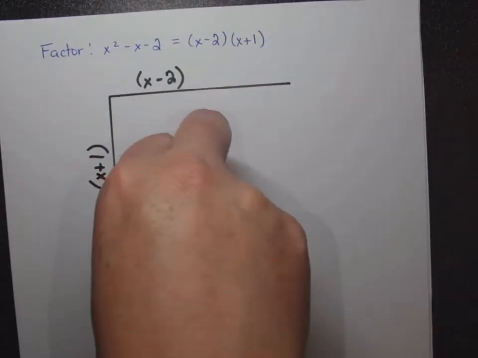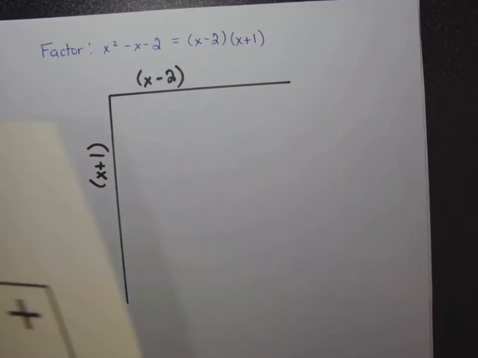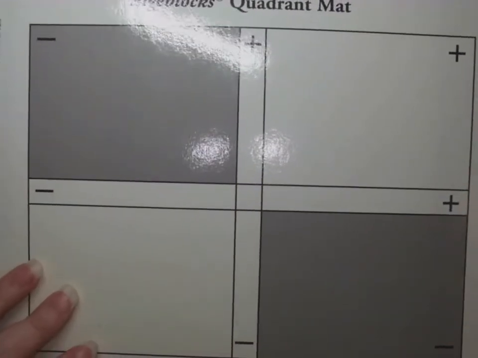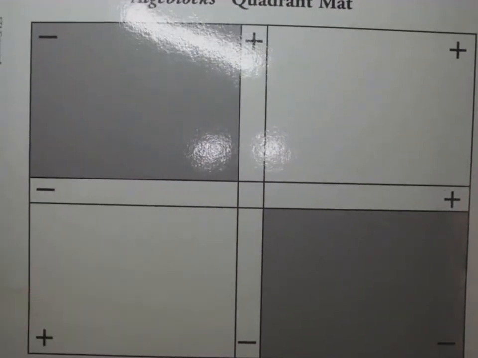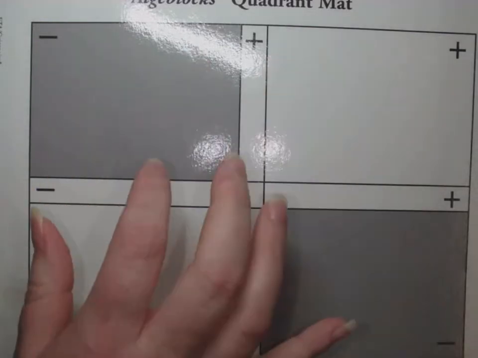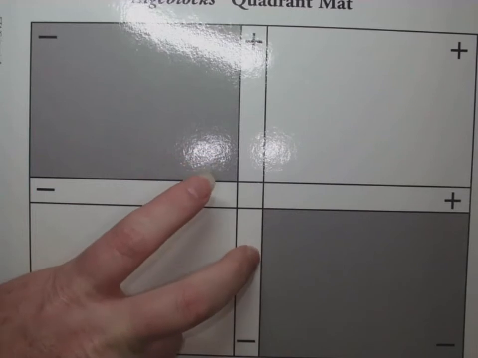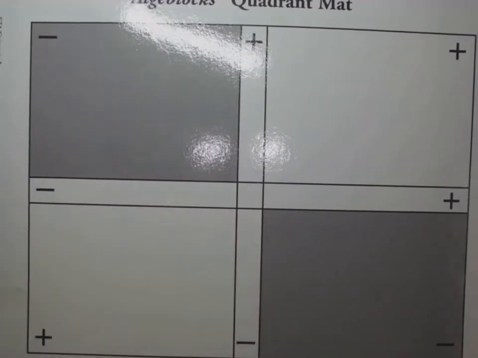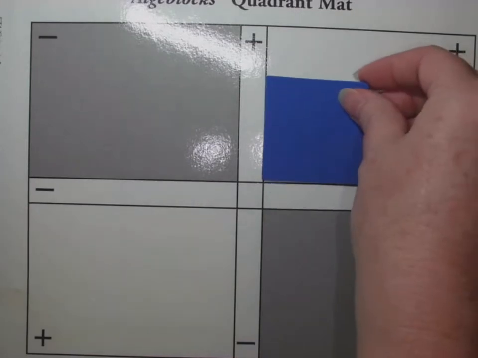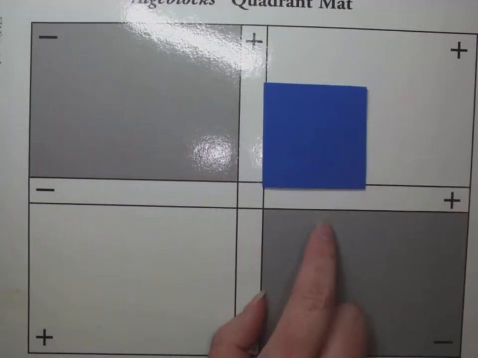So before we look at another one, let me show you an issue with maybe what I taught you last week. It's not a big deal, but I want to make you aware of it. Notice if you do use the mat that we have 2 positive quadrants and 2 negative quadrants. So technically speaking, when you use the mat, you're actually supposed to use all positive pieces. The reason being that the negative and positive is already being indicated by where it is on the mat.